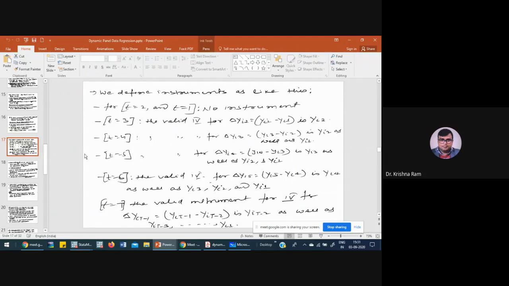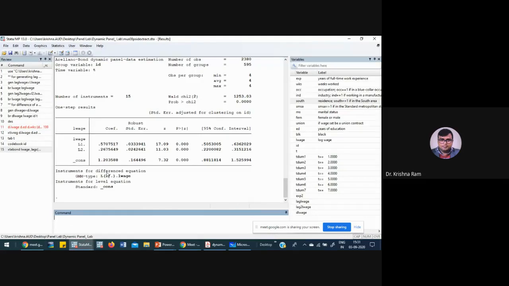When you add all these, it becomes 14. And 1 instrument comes from the constant term, which becomes an instrument for itself. So the total number of instruments is 15.